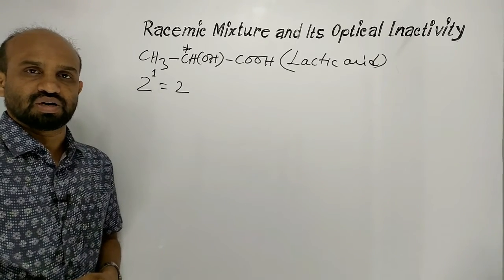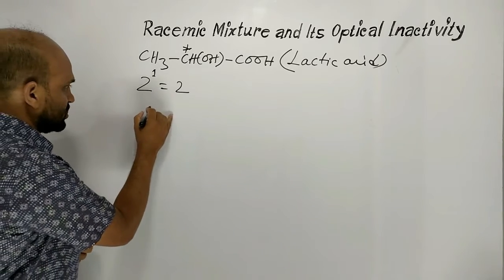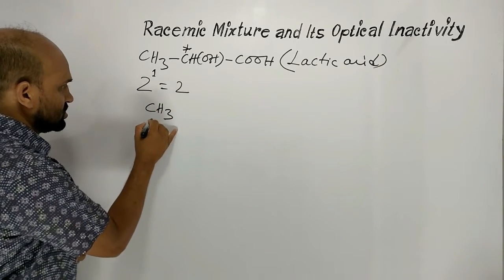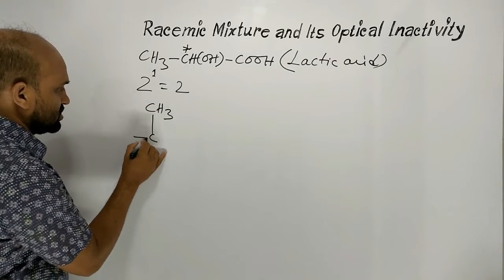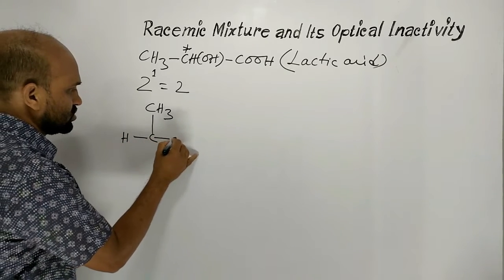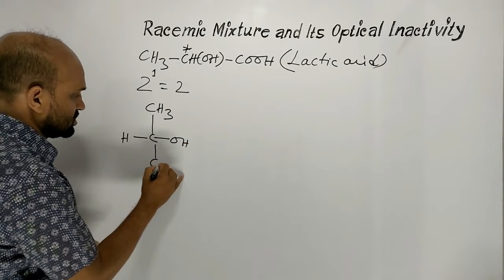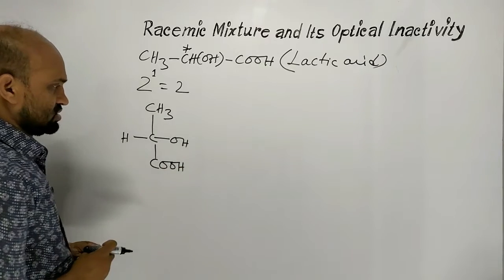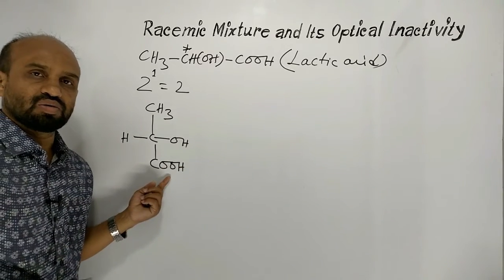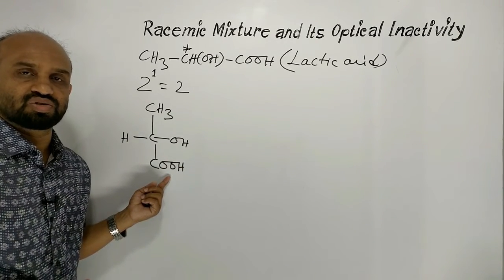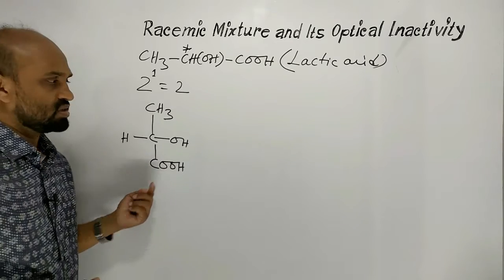Let's write the isomers. First of all, this is one isomer: H, OH, COOH. This is one optically active isomer of lactic acid.